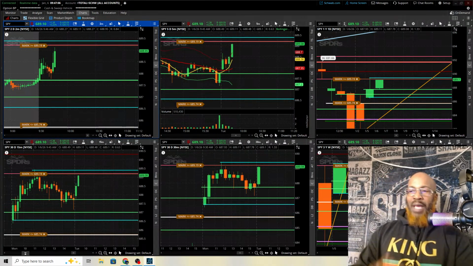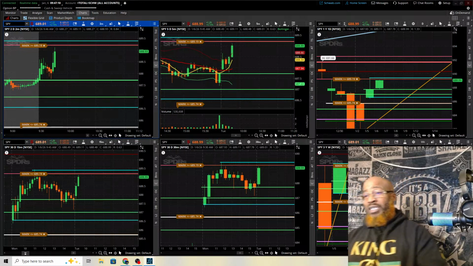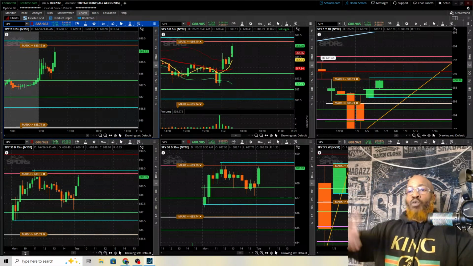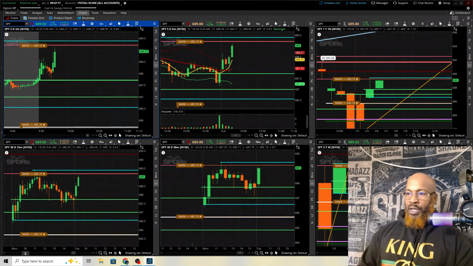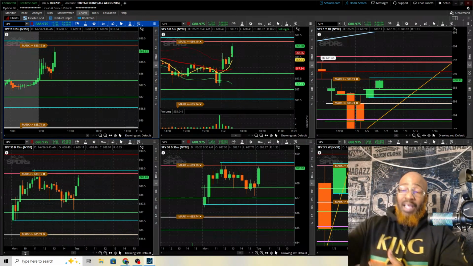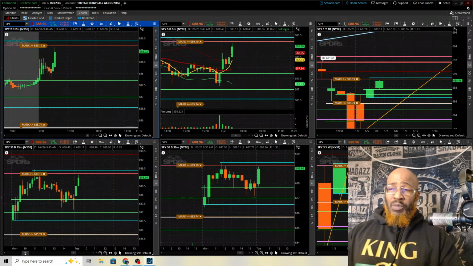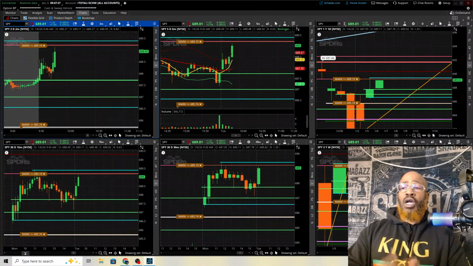You do have bears in that wick who are now potentially covering back right up to the 689.2 area, which is also why I personally like above that area for me to get in a call. Above that area, I have a surety of bears covering.